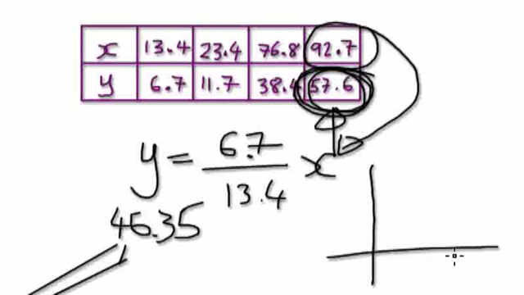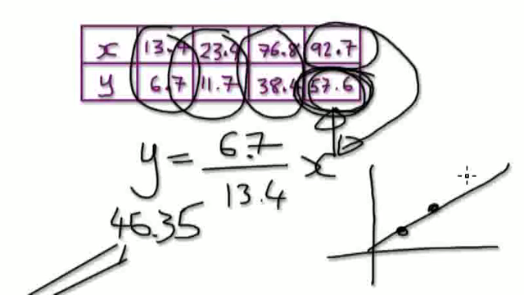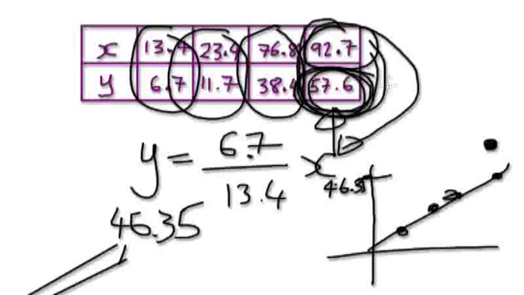So our graph earlier was like this. The first point lies on the line. This point lies on the line. This point lies on the line, and this last point, if it truly lies on the line, then the y value should be 46.35, but it doesn't. The y value is somewhere up here.